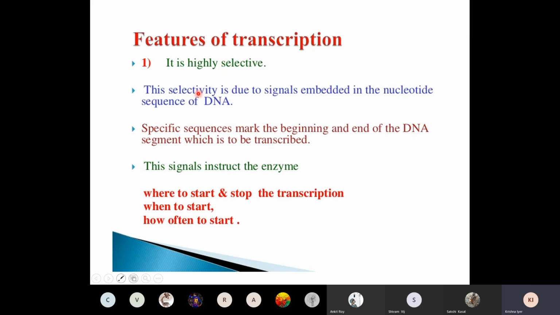In spite of that, you will find that certain tissues read only certain parts of the DNA. For example, the beta cells of the pancreas are the only cells in your body which read that part of the DNA which is involved in production of RNA which will later on be converted to insulin. In no other tissue does this occur.